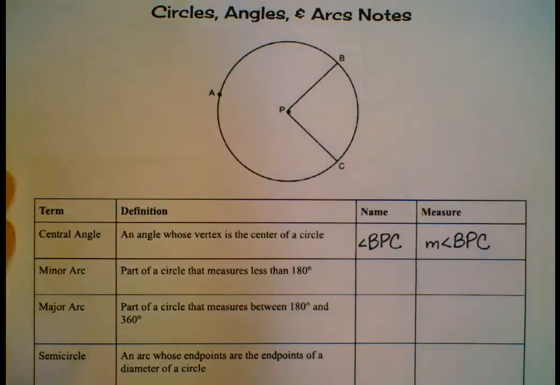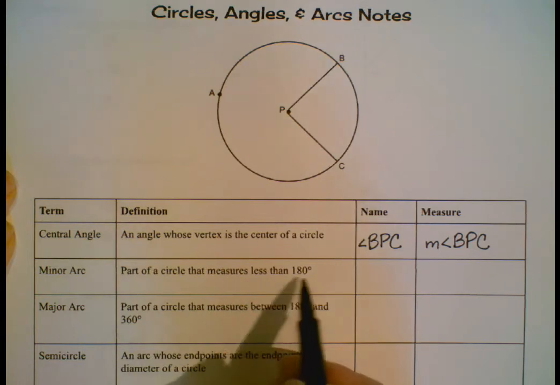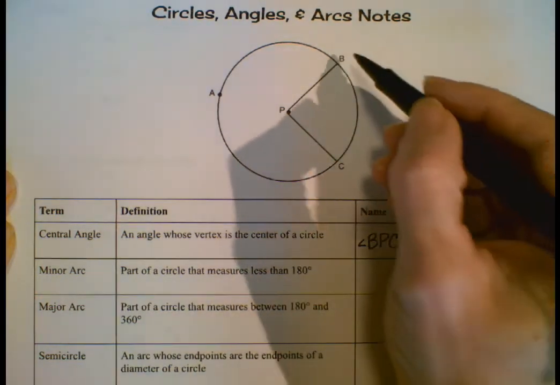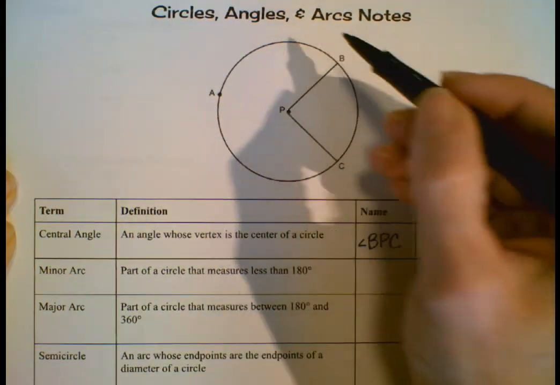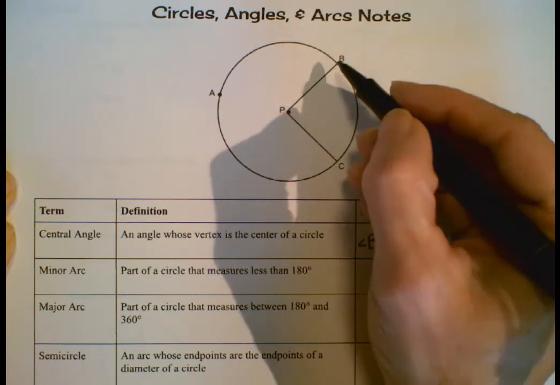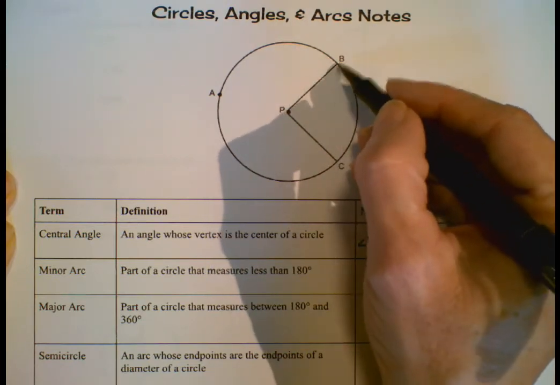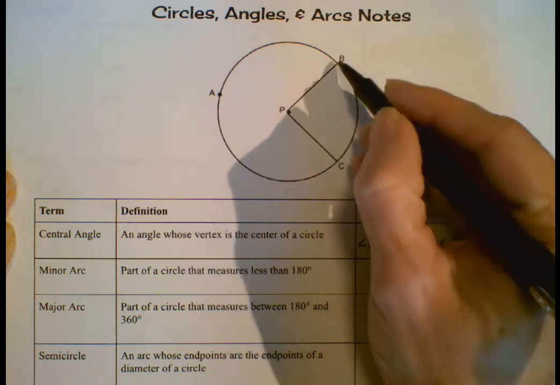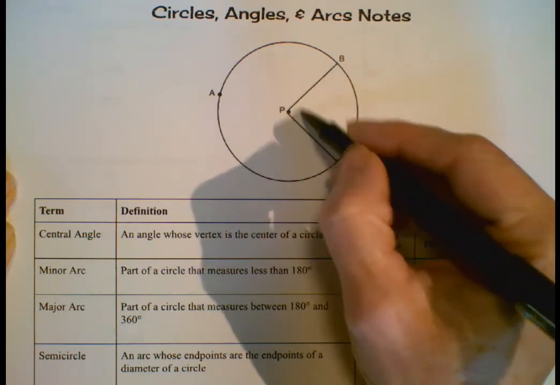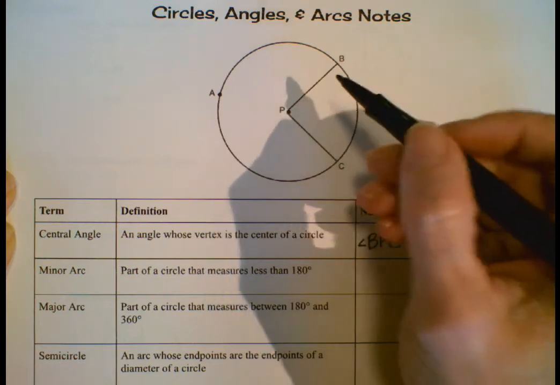All right, so a minor arc, part of a circle that measures less than 180 degrees. So we know in terms of a circle, there are 360 degrees possible. 180 degrees, of course, would be half of that. So here we can clearly see that this angle, BPC, has a measure that's less than 180 degrees.